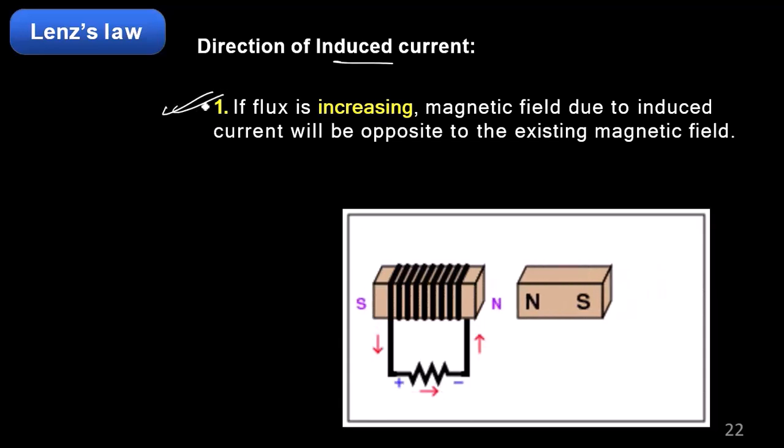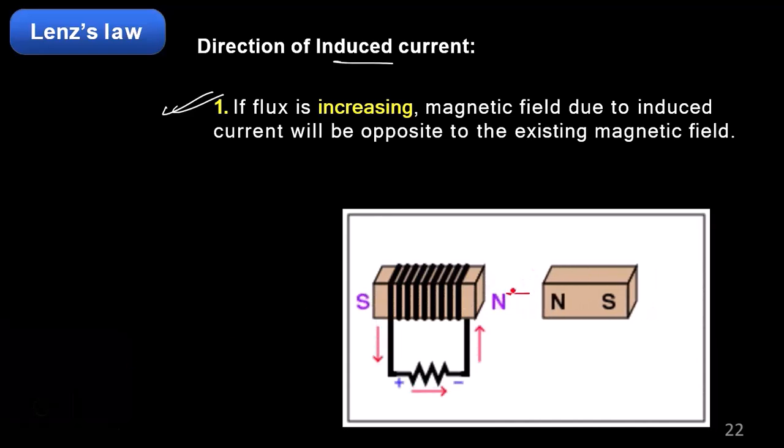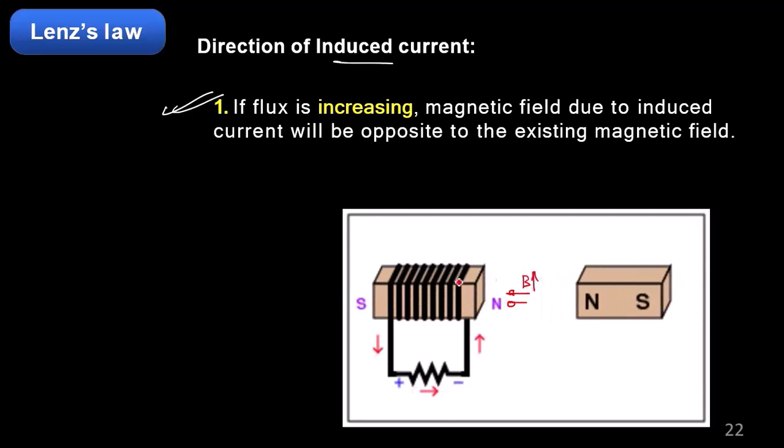Since the flux is increasing, as I am moving the magnet towards the coil, can I say that the magnetic field lines are increasing? So this is the increase in flux. What is the flux? Flux is B into area. Through this area the magnetic field lines are crossing, and the area A is constant.